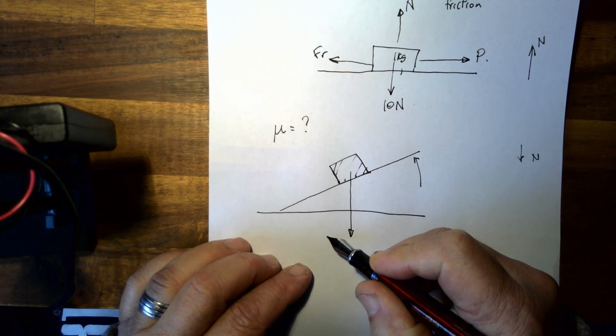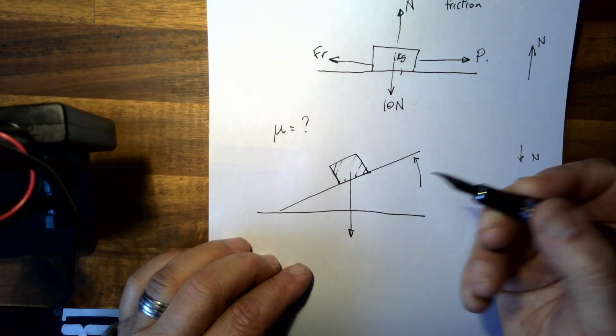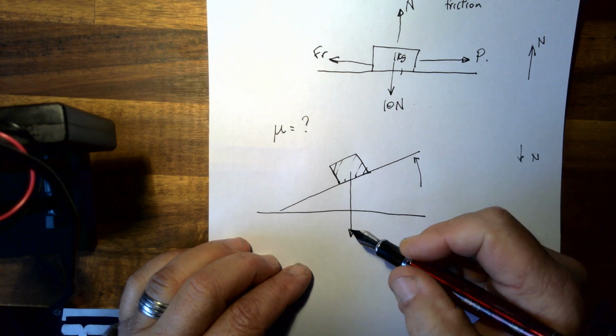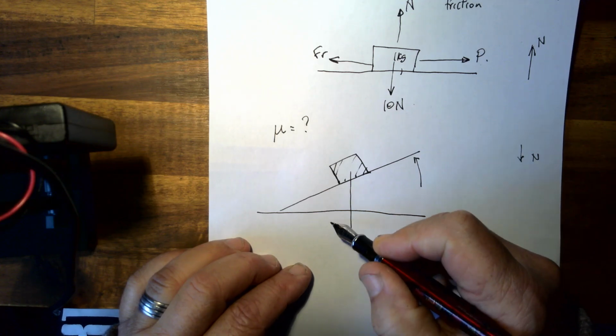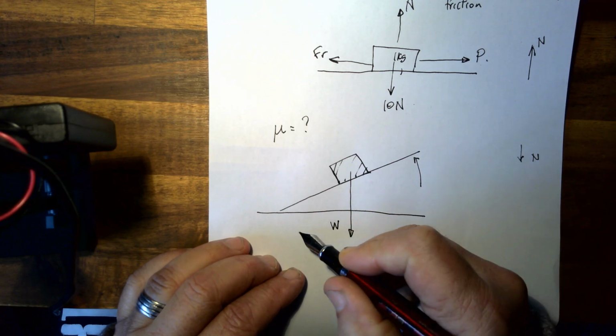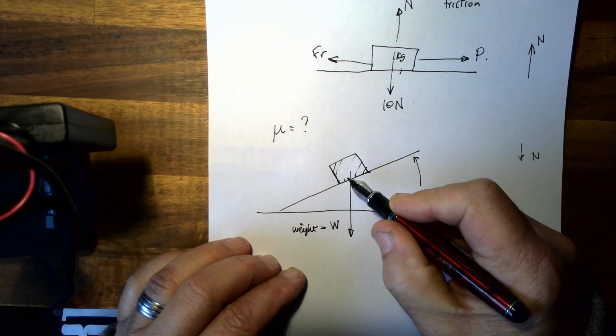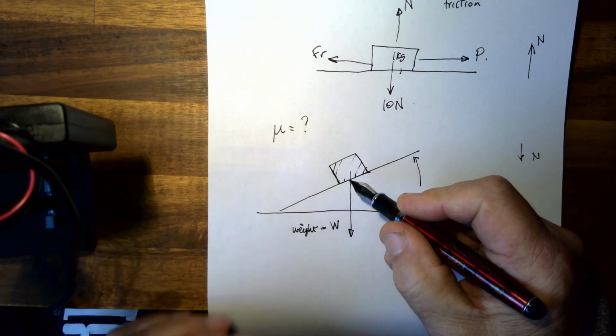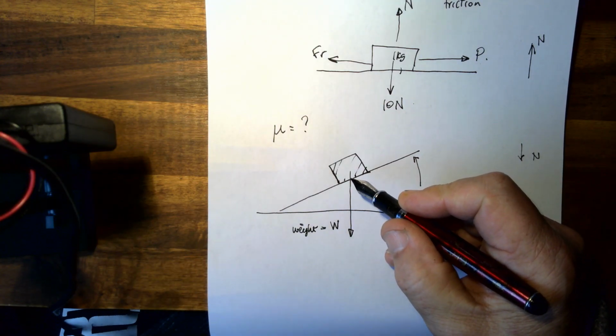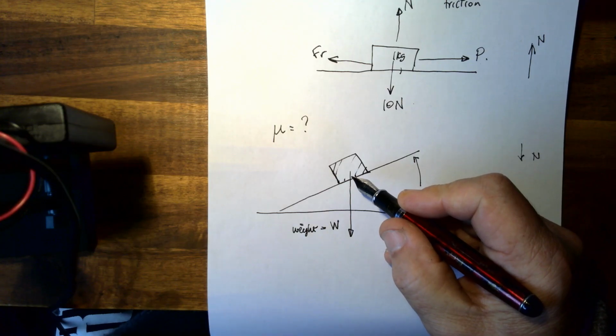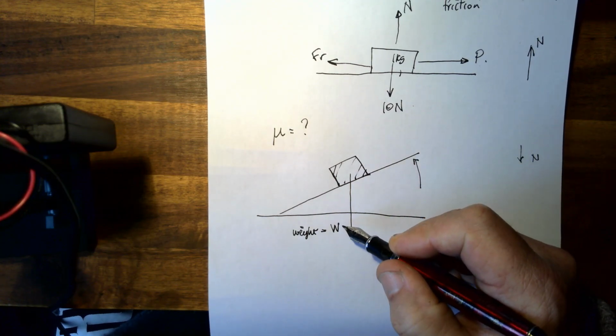Let's assume that the mass produces a weight called W. So W is the weight of that mass that's sitting on the sloping surface. So it's going to be the kilograms times the acceleration due to gravity, in newtons. So W is going to be in newtons.